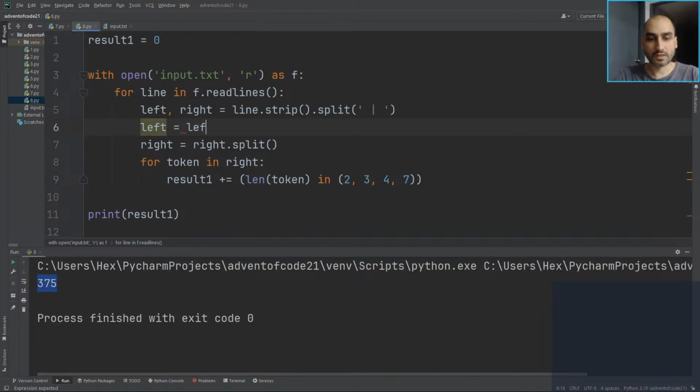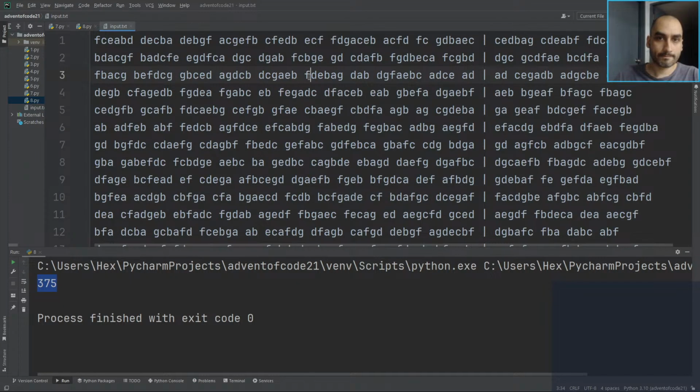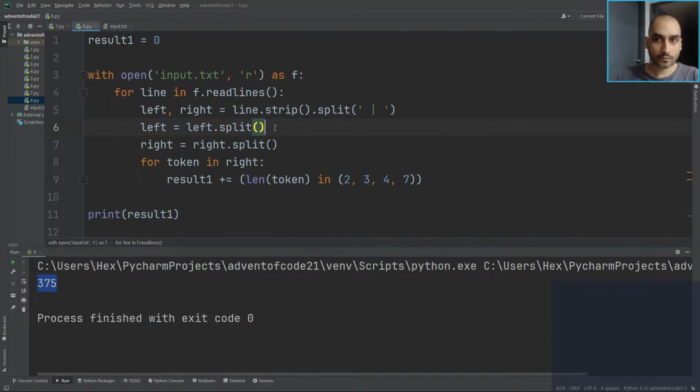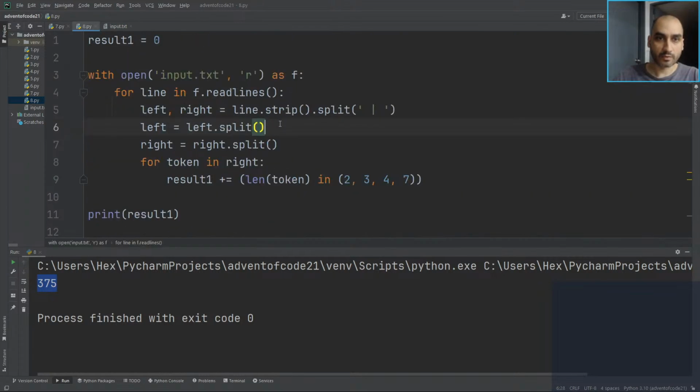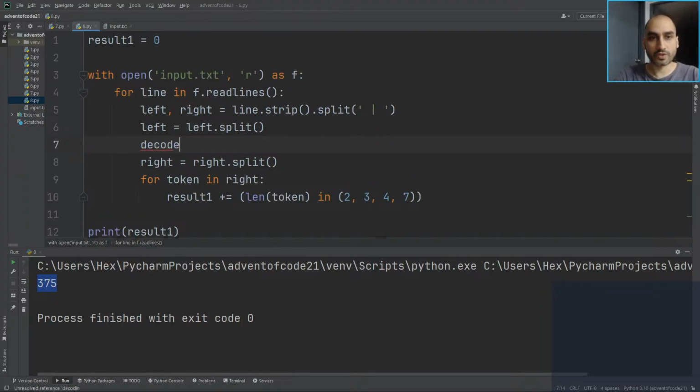Left equals left dot split. And we never need to sort them because we're using set operations anyway, so it doesn't matter if they give us AD and DA or whatever. It looks like... yeah, they do. There's AD here, but then there's DA. So they do mix up the order here. Left equals left dot split. Now we want decoder equals solve left.